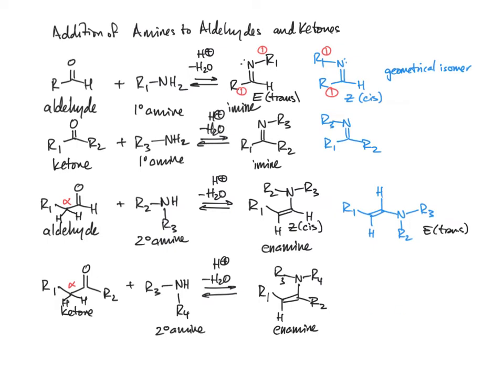Let's go ahead and draw the other geometrical isomer for the ketone enamine.